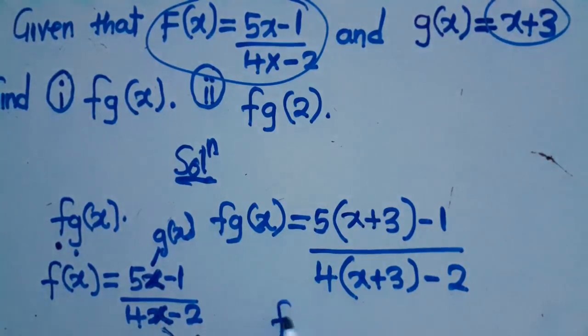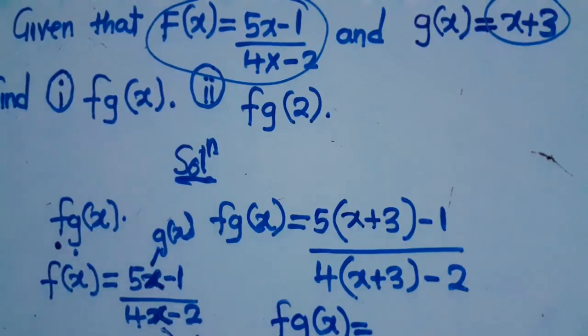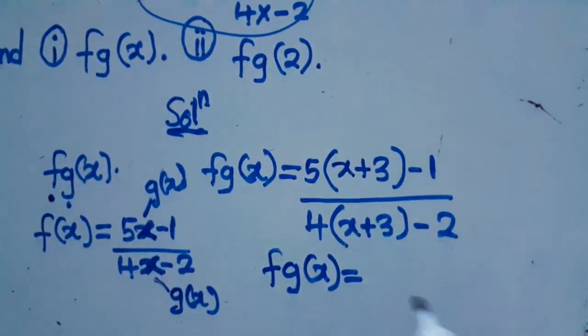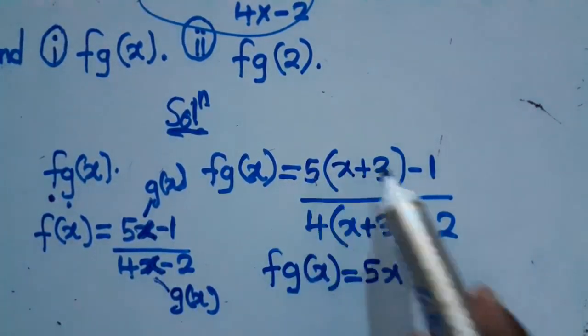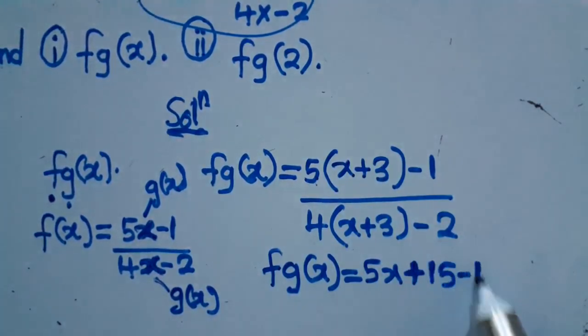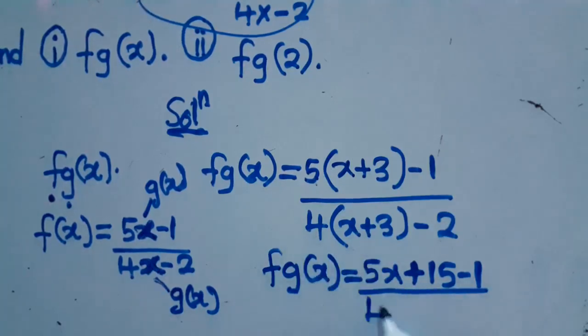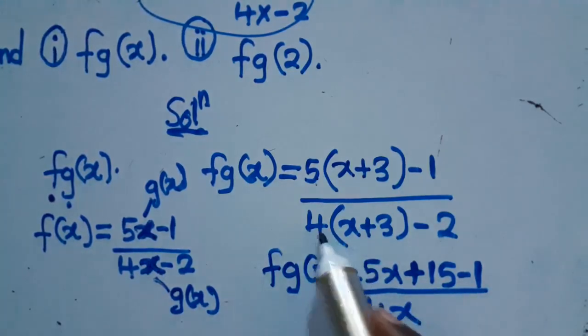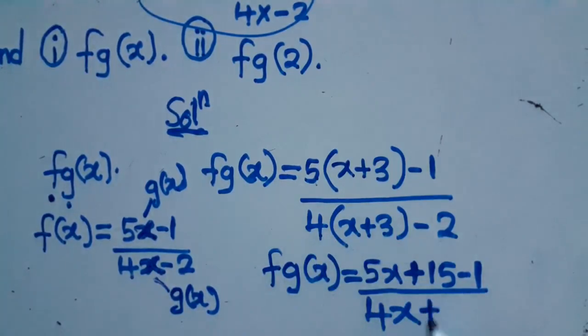Then I start evaluating. fg of x is equal to, this is what I'm going to do. 5 times x, that is 5x. 5 times 3, that is 15. So I'm going to have 15 minus 1 over 4x. 4 times 3, that is 12 minus 2. This is what I've remained with.